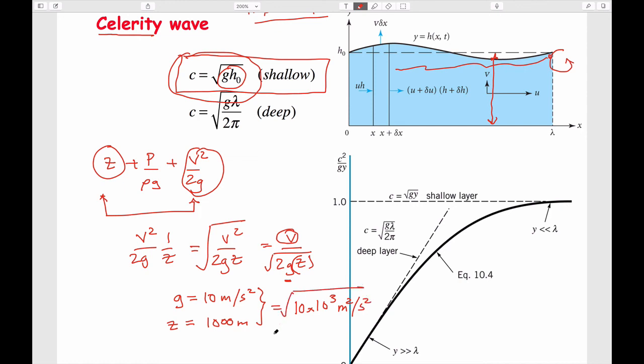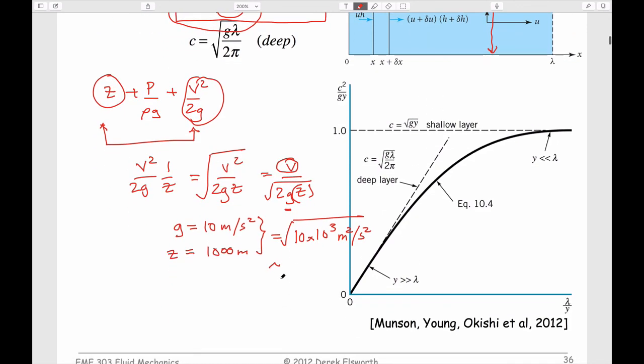If we square root it, this is 10 to the 4, square root of 10 to the 4 is 100 meters a second.